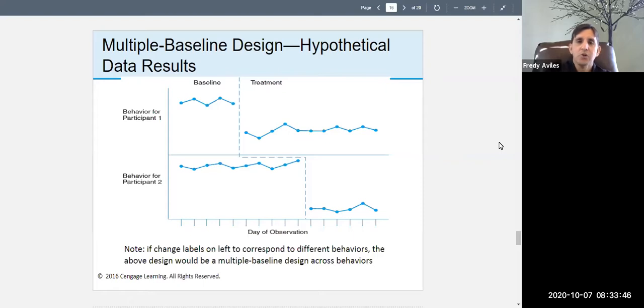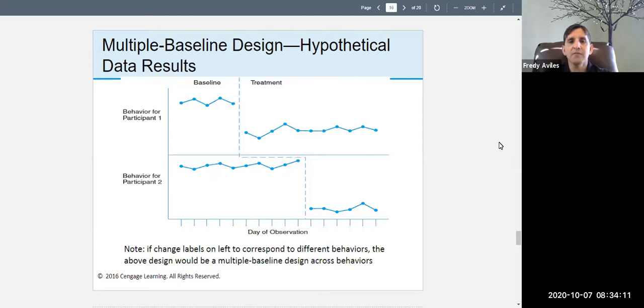So we have the normal, let's say, disruptive behavior, that's baseline. You can see it's pretty high, okay? And then you give them some treatment. It's some drug or something that calms them down, let's say, right? And you can see that the disruptive behavior goes down, okay? And so you showed the effect there.